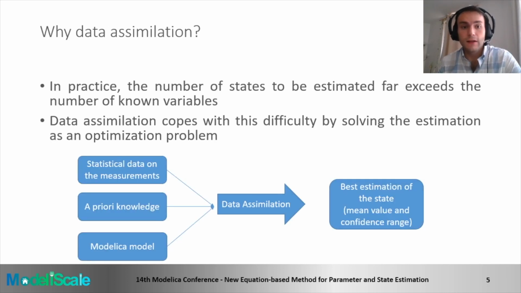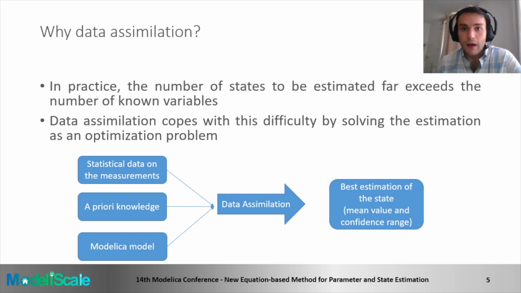However, in general, the number of states to be estimated is much larger than the number of known variables. So it's necessary to make some arbitrary choices in order to fix some values, for example, in order to have a square system. But this means that this choice is arbitrary, and we don't know how this can affect the model.